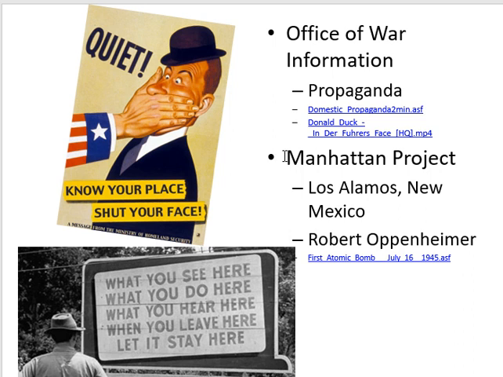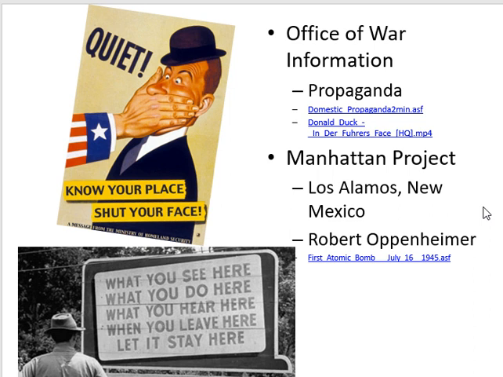All right. Another thing we're going to see with this time period is the Manhattan Project. This is the code name for the project where they're making the atomic bomb. Obviously, it's not happening in Manhattan, New York. It's going to be happening in Los Alamos, New Mexico. Robert Oppenheimer is the lead physicist on this project. He's going to get Albert Einstein to assist him in creating this new weapon, this new technology.